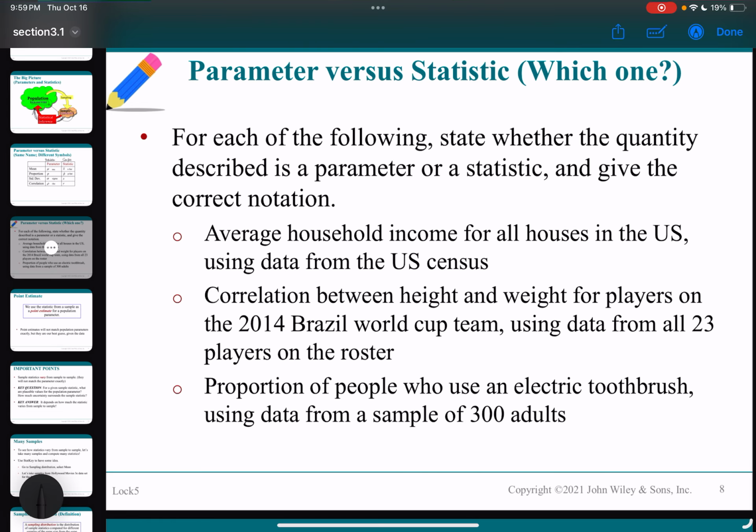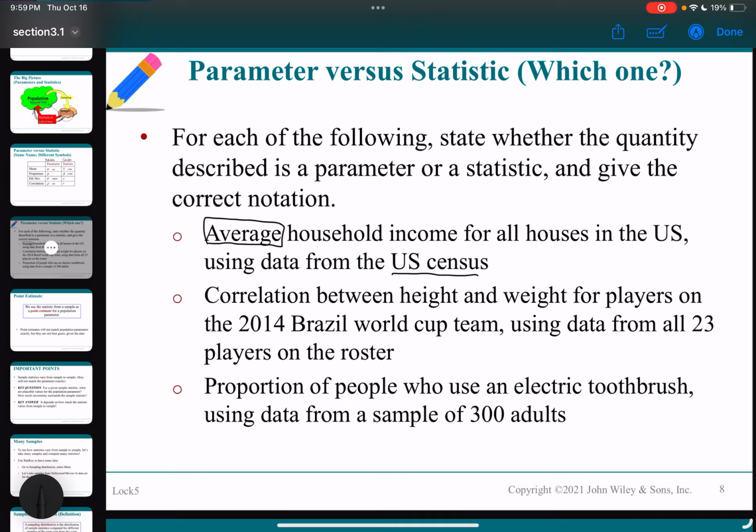I also talked about these examples based on parameters or statistics. In these examples, you should first understand whether the scenario is population based or sample based. Once you figure that out, you can decide whether to use statistics or parameters. The first one is average household income for all houses in the US using data from the US census.